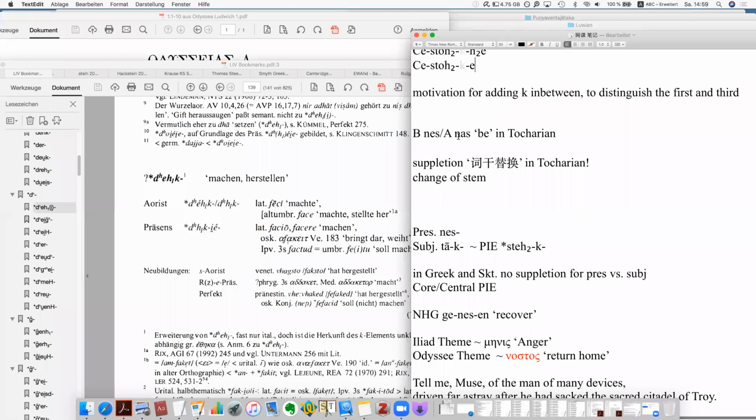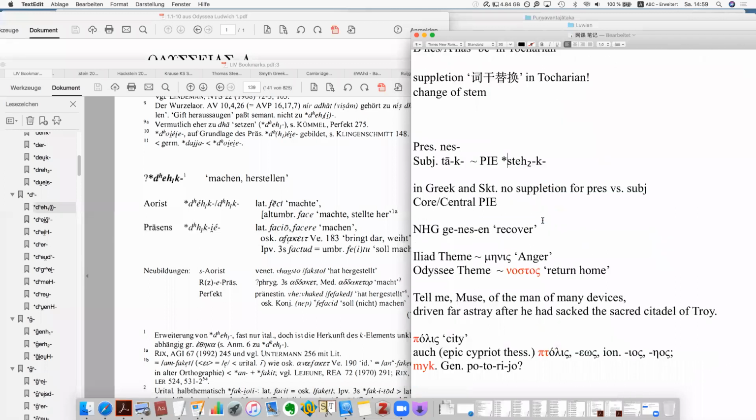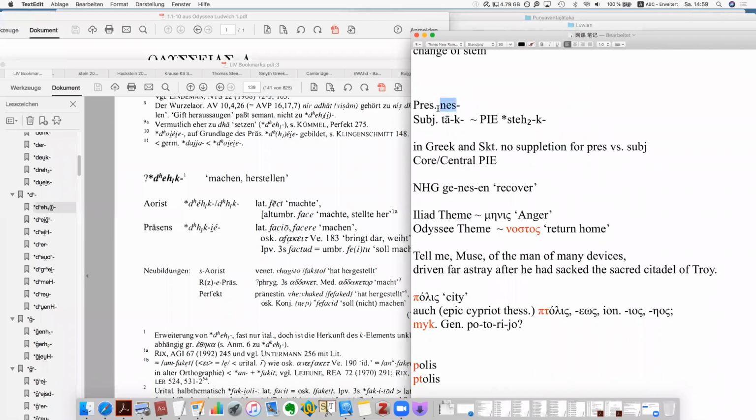In Tocharian we have the copular word nas, and for this word we have suppletion in the subjunctive. The present is called nes, but the subjunctive is called tak. And this tak exactly goes back to steik. And this nes is also preserved in Greek, and it is the central theme of the Odyssey. It's called nostos, meaning to return home safely.